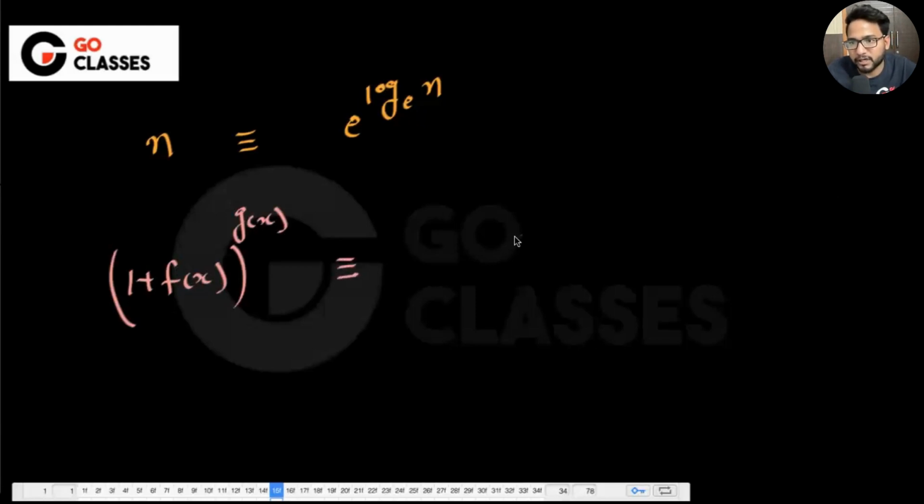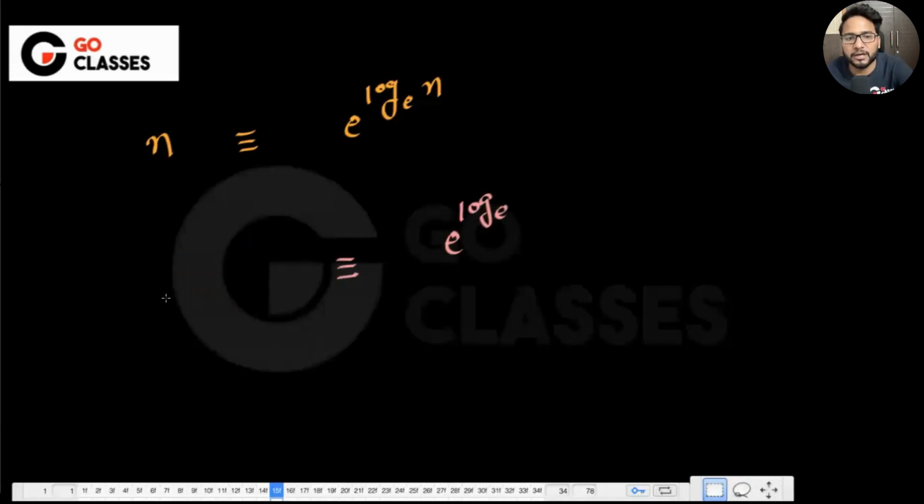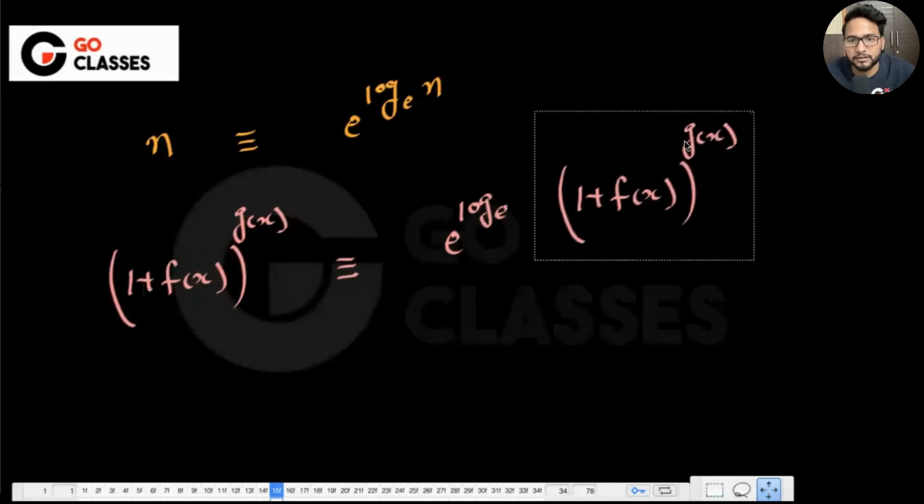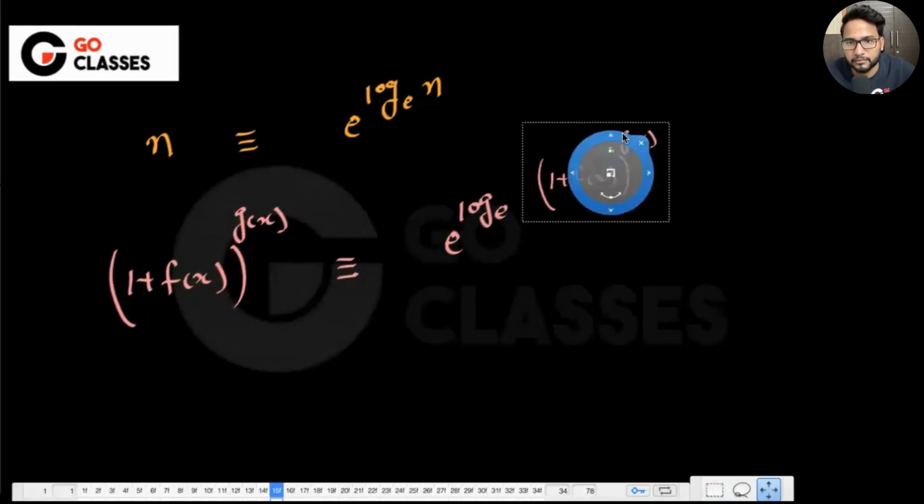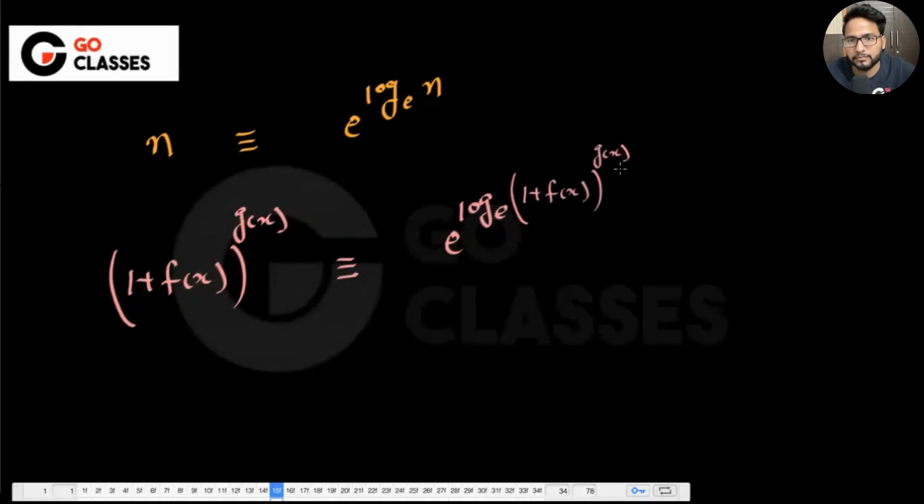Can I write it something like this? Yeah, n should be positive. Yes, I agree. So can I write it e power log base e n? The same thing here. I mean, rewriting. I'm not doing anything, I'm just rewriting the things. And then I can take this gx down.